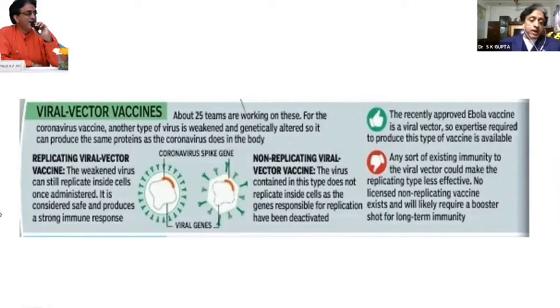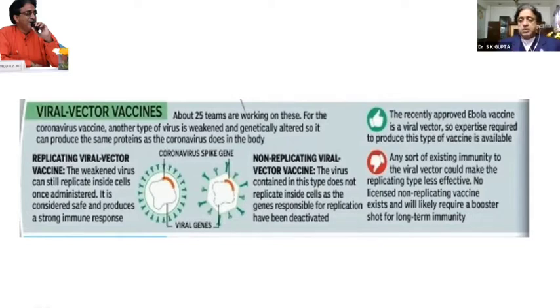And the replicating viral vector vaccines, in which the virus injected inside the body is able to replicate, and the second dose of the vaccine is not required. The J&J vaccine was similar to this, but this too has gone into trouble.